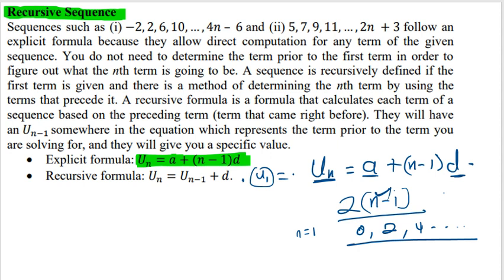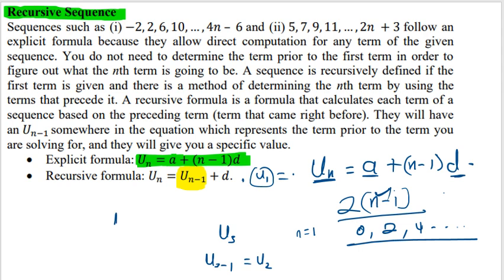The most important thing here is to know that whenever a sequence is in a recursive form, you need the preceding term. Un minus 1 means the preceding term. For example, if I want to find the third term, u3, I must know u3 minus 1, which is u2, the second term.